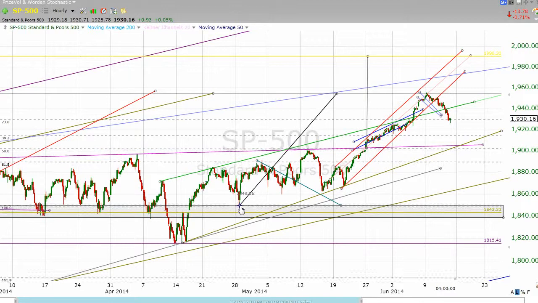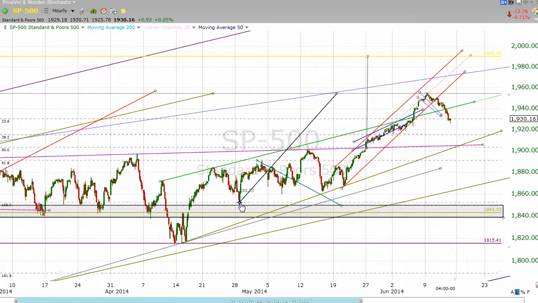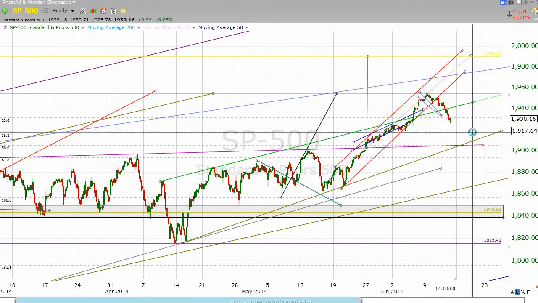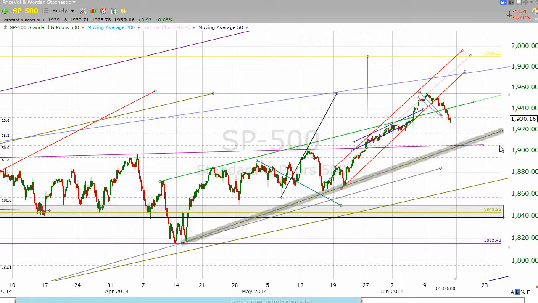You could say it's here. Tell you what, let's be safe. We'll split. We'll say it's right here. We'll just kind of make it thereabouts. And then we look for the 38.2% line, and we come to a level of about 1916.